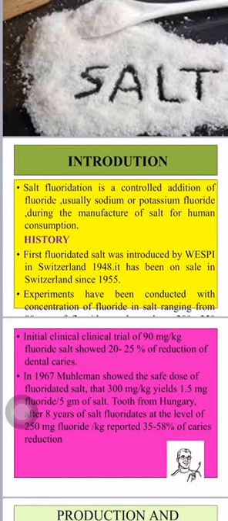In 1967, Mühlemann showed that the safe dose of fluoridated salt, 300 milligrams per kilogram, yields 1.5 milligrams fluoride in 5 grams of salt.